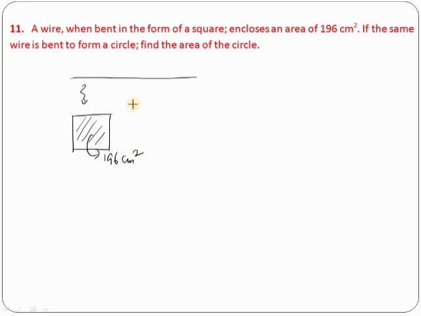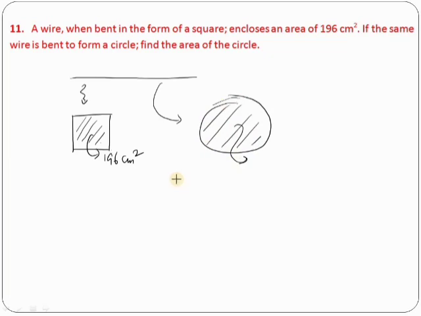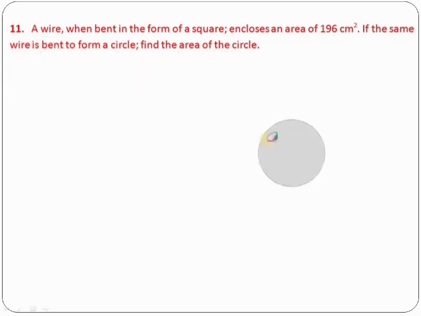The question is asking, if you convert the same wire into a circle, what will be the area enclosed by the circle? That's what you need to find, right? Having understood the meaning of the question, let's see the solution.